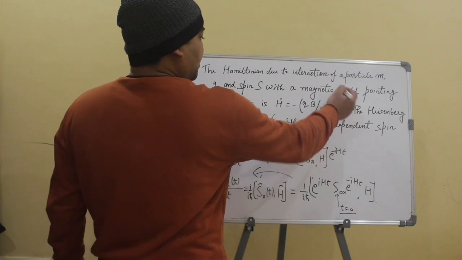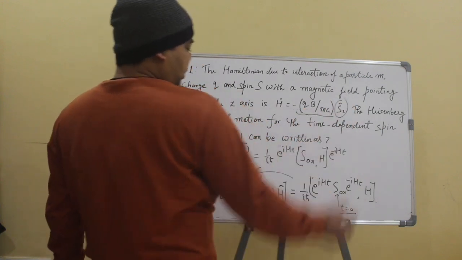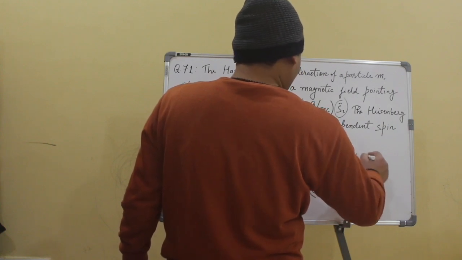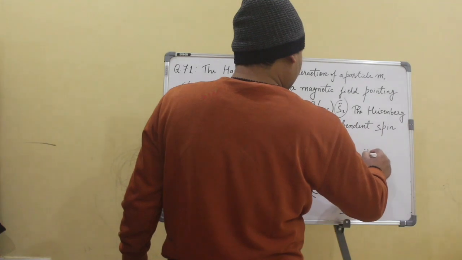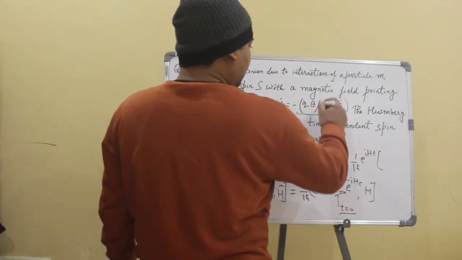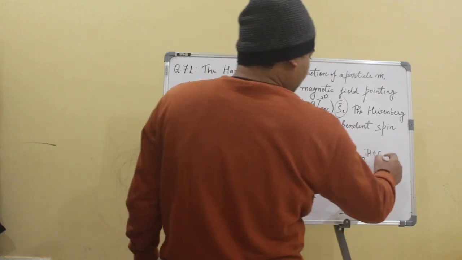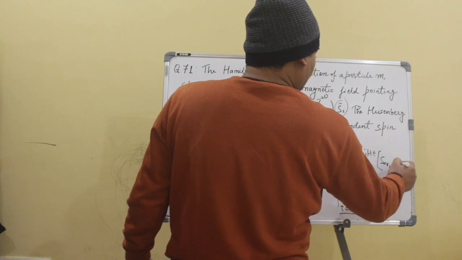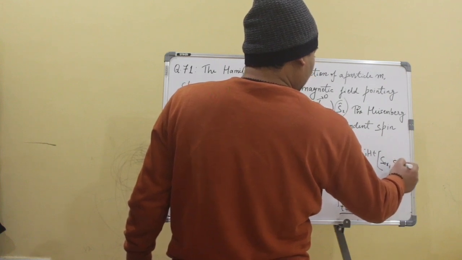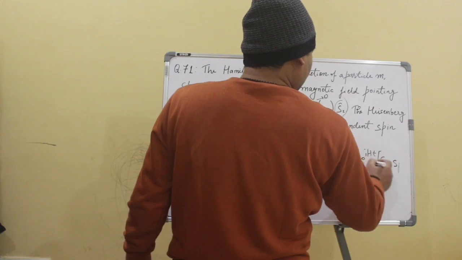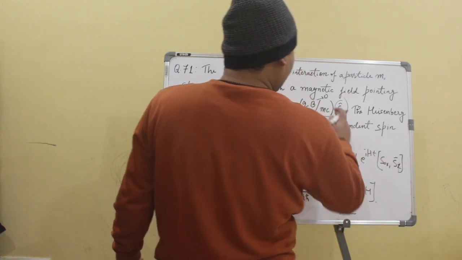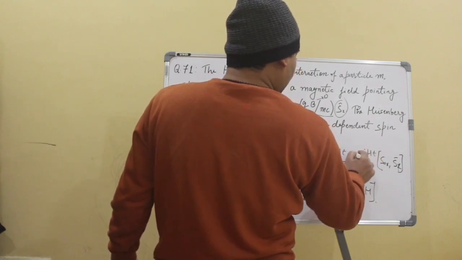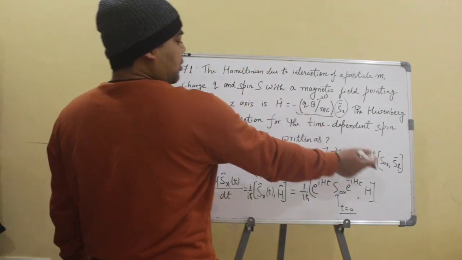Now H contains Sz, and this is the frequency part. So it will be simply written as 1 by i h cut e to the power i H t. If you write this as omega, a frequency, so this will be the commutator of S naught x and Sz with this omega term, which is minus omega here, taken out.